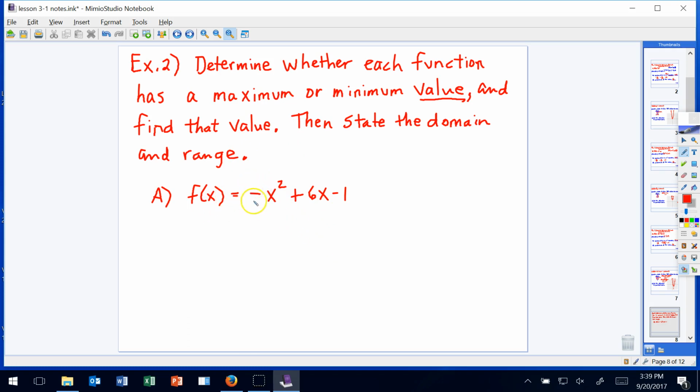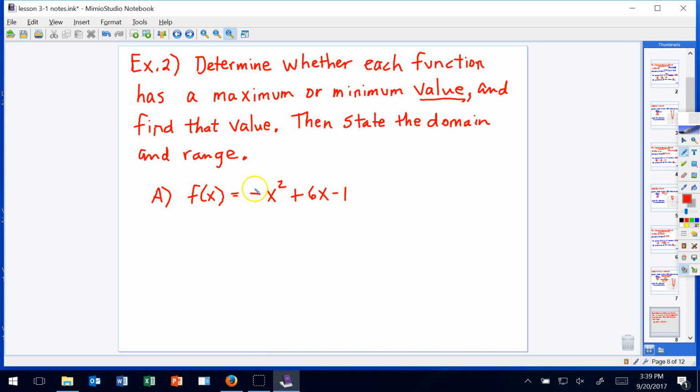Well, remember in our previous lesson, we talked about what this negative sign does when it's not inside parentheses, or inside the absolute value walls. This is just a minus sign in front of my function, and I don't have any grouping symbols basically.